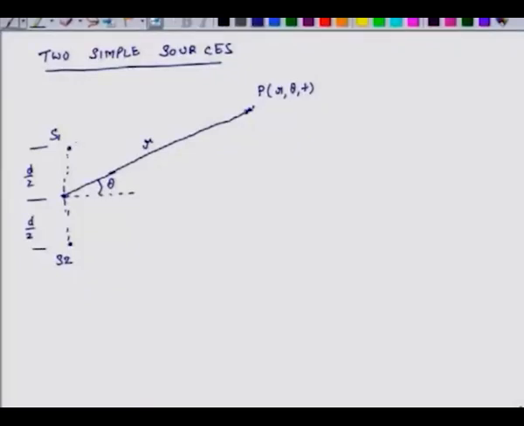So, I construct two more lines in this case. One is between S1 and the point of observation, and let us say that vector is R1, and then the other line is R2, which connects the point of observation and S2.